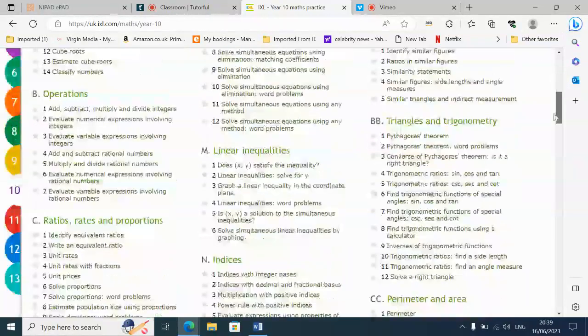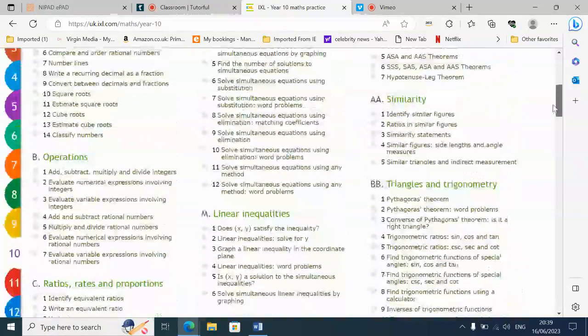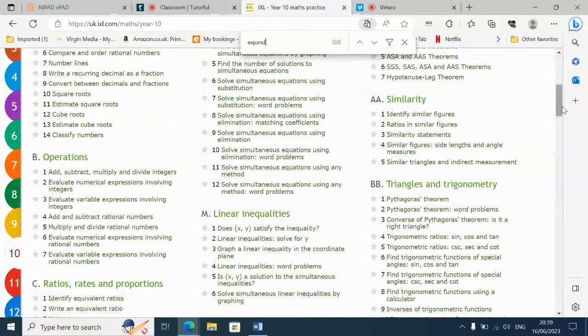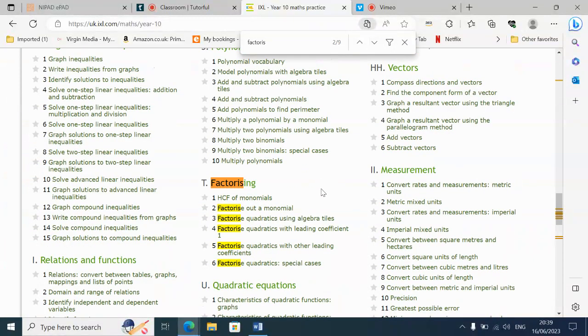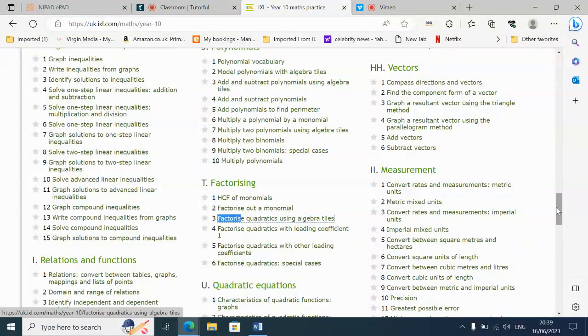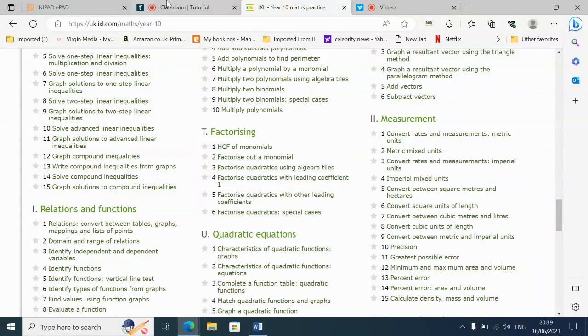What else is there? Oh, factorizing quadratics. I think it's that. Okay, so there's factorizing there. Factorizing monomials also.